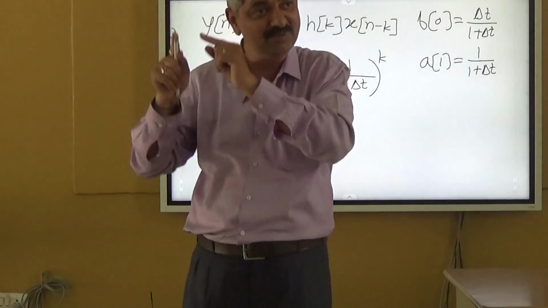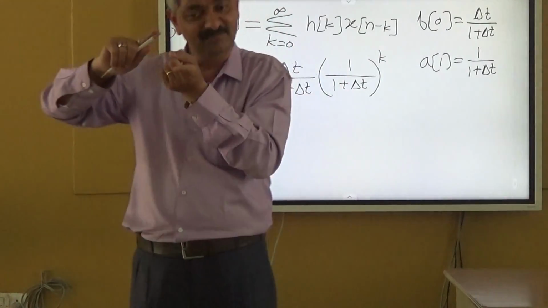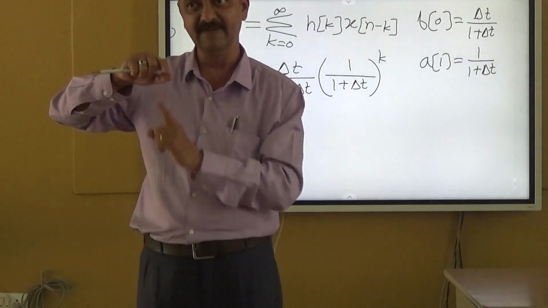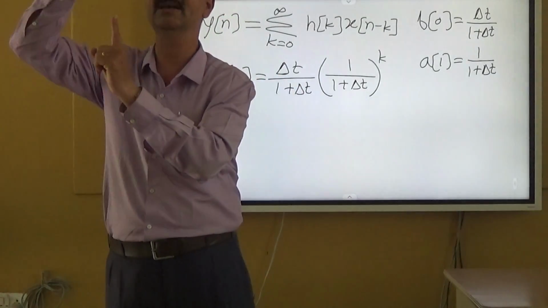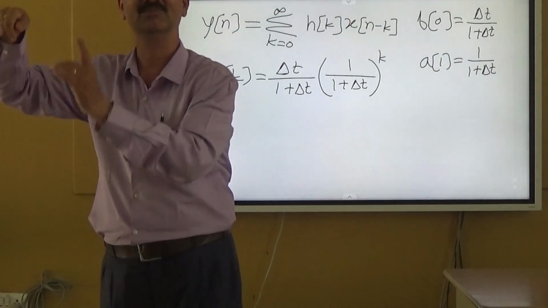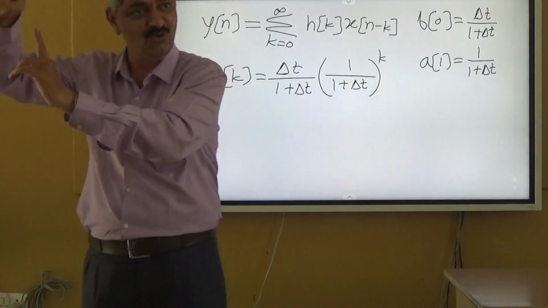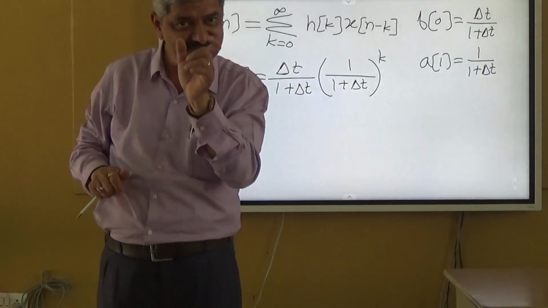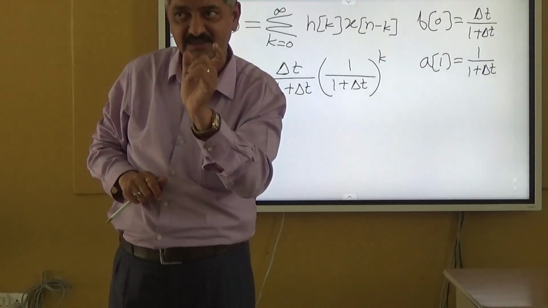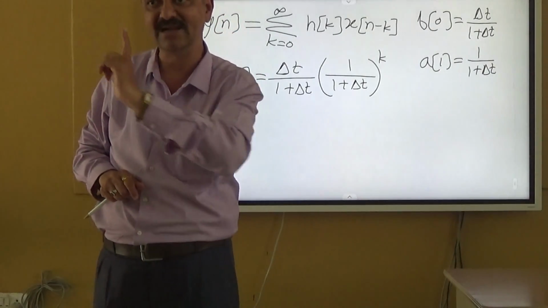पण प्रिव्हियस आउटपुट मध्ये काय आलंय, ते करंट, व्हेन आय एम टॉकिंग इन टर्म्स ऑफ करंट, प्रिव्हियस आउटपुट मध्ये प्रिव्हियस इनपुट आणि प्रिव्हियस टू प्रिव्हियस आउटपुट आलेला आहे. Once previous output comes in the equation, it traces me back till infinity.